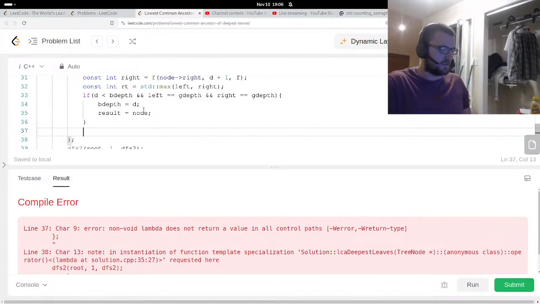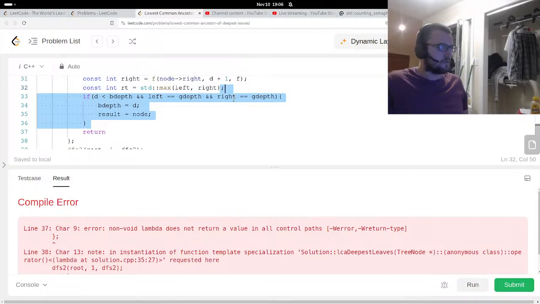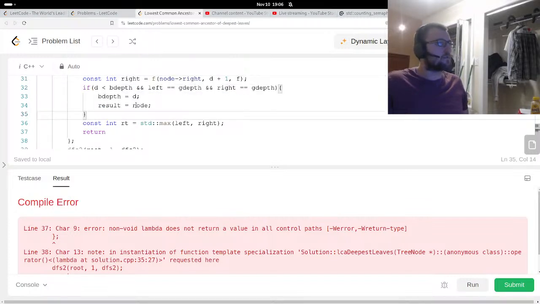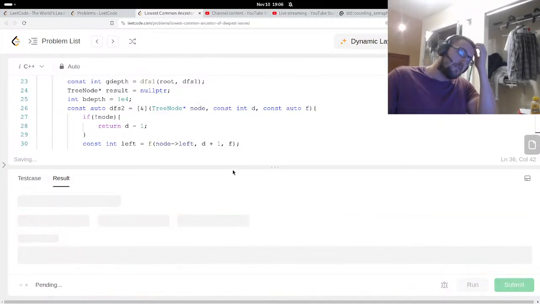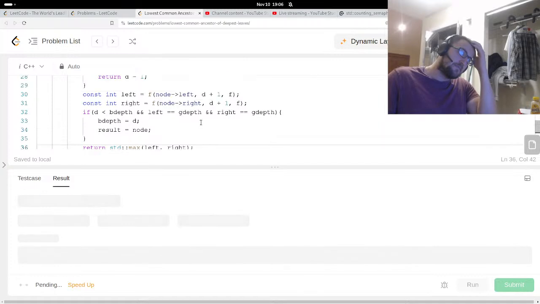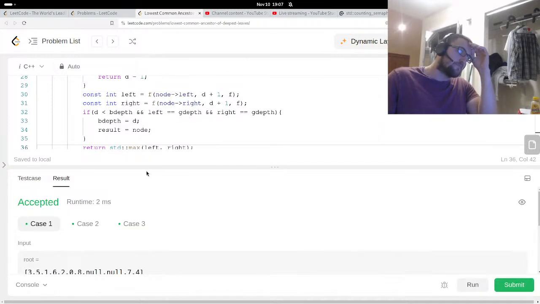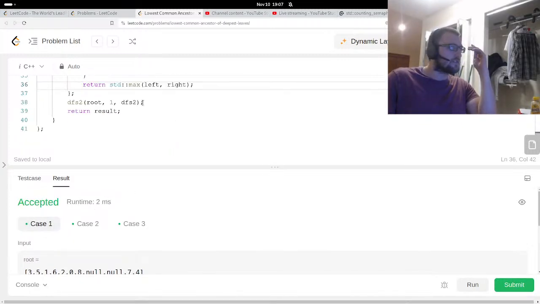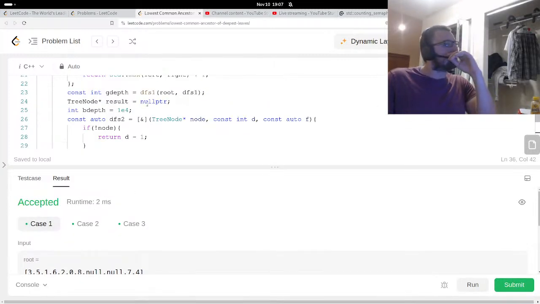Oh, this returns RT as well. Forgot about that. Oh, it worked. Cool.